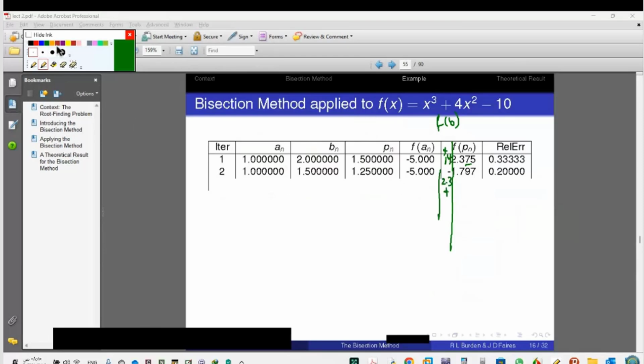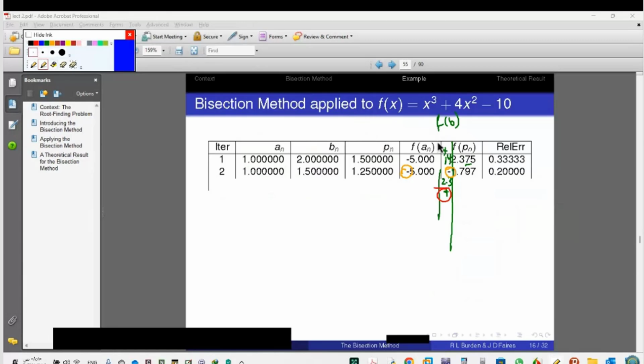Now for the third iteration, see my hand. I have A negative, P negative, and B positive. So what do I have to do here for the third iteration?